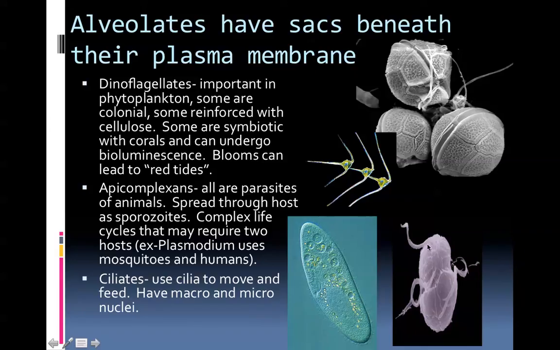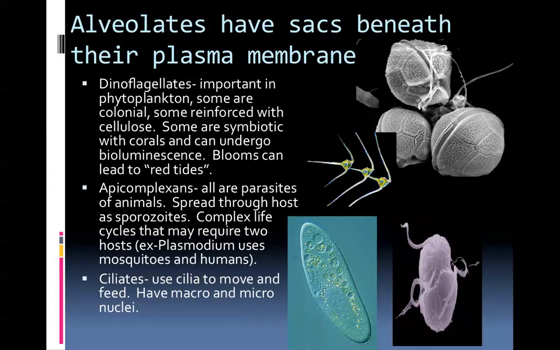You're seeing some of those Plasmodium that cause malaria entering into the cell. Their name comes from the fact that their tip is specialized, and that's allowing it to enter into the host cell. So apex is the tip, and complexan, it's complicated, and so those special tips are allowing them to enter into their hosts.